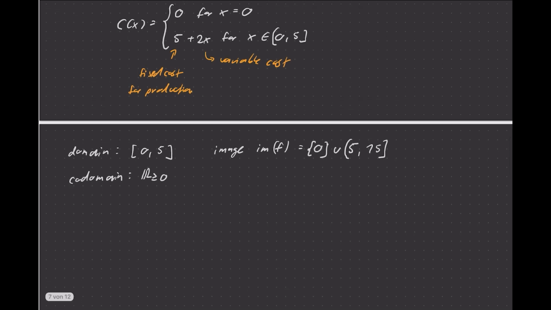Now, is this function injective and/or surjective? Well, it sure is not surjective. No. Because obviously the codomain, that is the reals greater or equal to 0, is not equal to the image. For example, to prove that point, 1 is not included in the image.